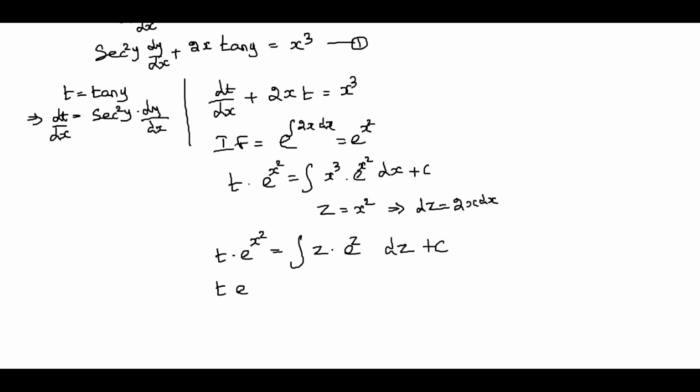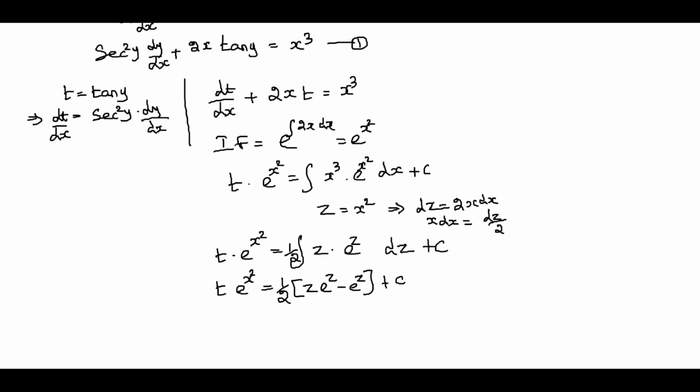So z into e power z integrates to z e power z minus e power z. Sorry, I missed 1 by 2, because x dx is dz by 2. So here I missed the 1 by 2 term, so 1 by 2 plus c.